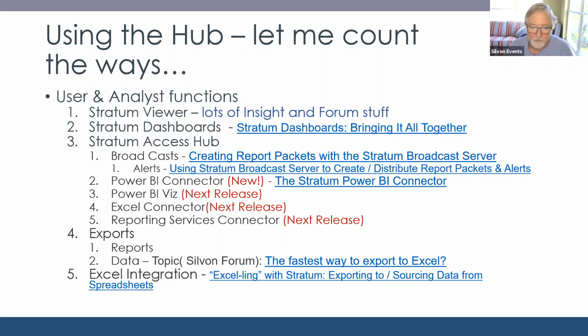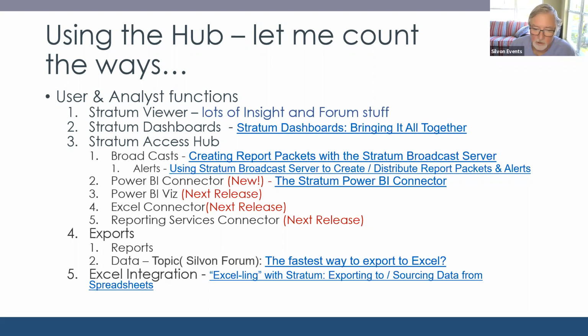You're already familiar with exporting data in Stratum, I'm sure, but that is another way you can get information out of Stratum, and you can do that in a couple of ways. One is you can get data out in the traditional report format, which is your formatted Excel, and if you've got graphs or any other formatting you've done, it includes that.